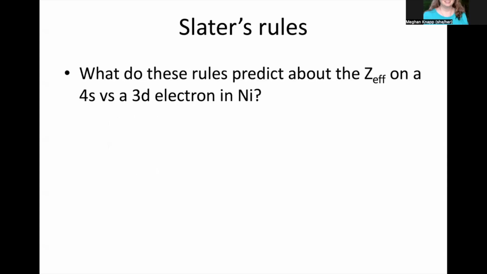Okay, so what if we have something that has a higher number of electrons? All right, so let's say we have selenium. Selenium is element 34. So that's our nuclear charge.